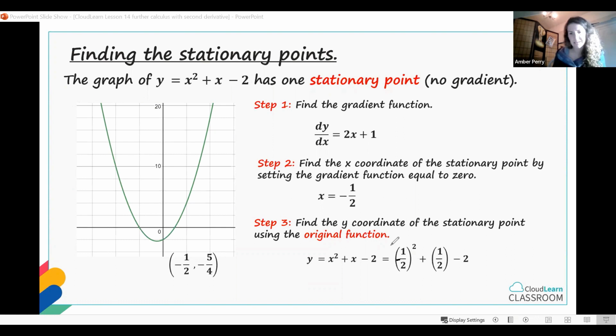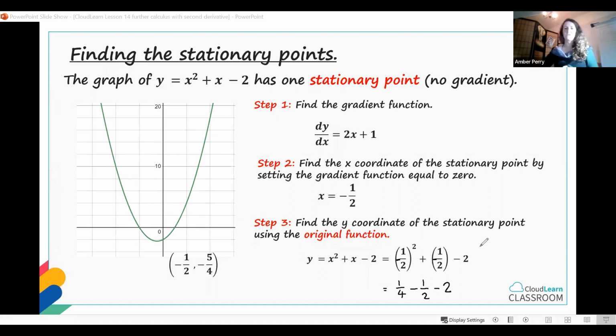Okay, and -1/2 there. And so actually that's going to be -1/2 squared, which is 1/4. Remember, negative numbers squared is positive because it's -1/2 times -1/2. Plus -1/2, which is the same as taking away a half, and then -2.